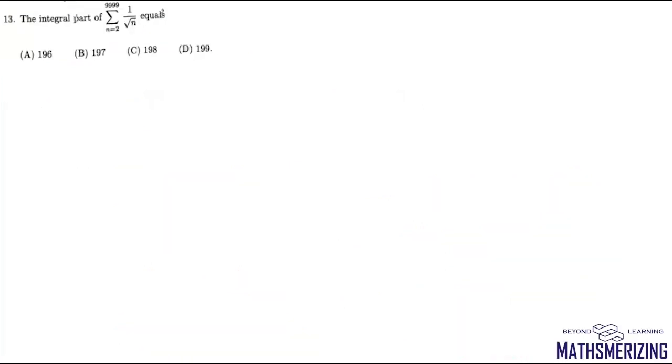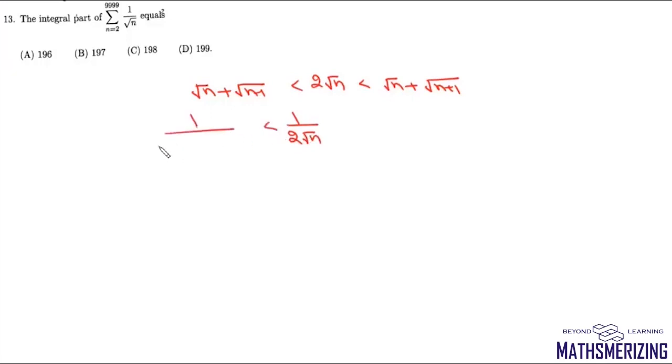Now question number 13 is, the integral part of this summation is... Now we can write 2 under root n is less than under root n plus 1 plus under root n, and it will be greater than under root n plus under root n minus 1. Now we'll take the reciprocal, then we can write 1 upon 2 root n is greater than 1 upon under root n plus 1 plus under root n, and less than 1 upon under root n plus under root n minus 1.